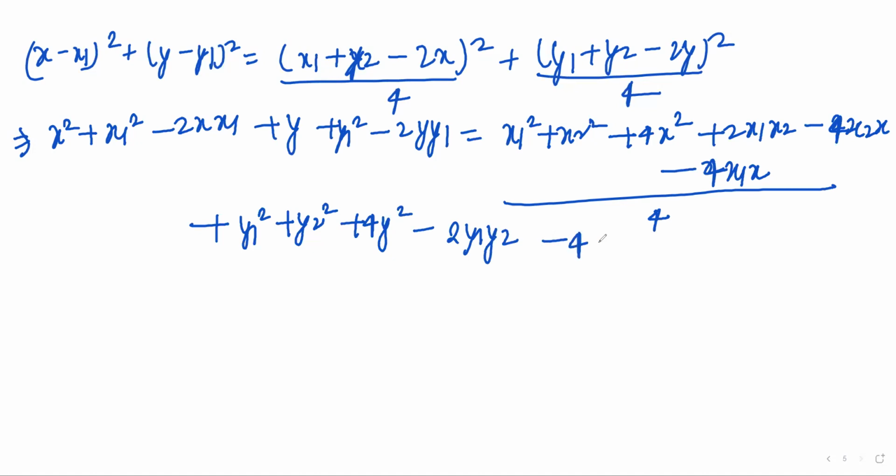This will be minus 4y2 y minus 4y y1. Note, it is already equal, right?